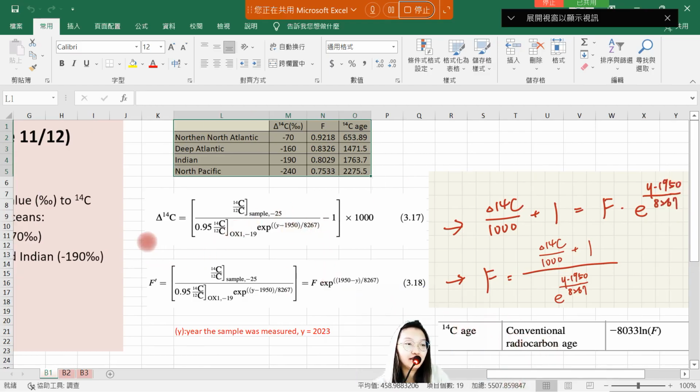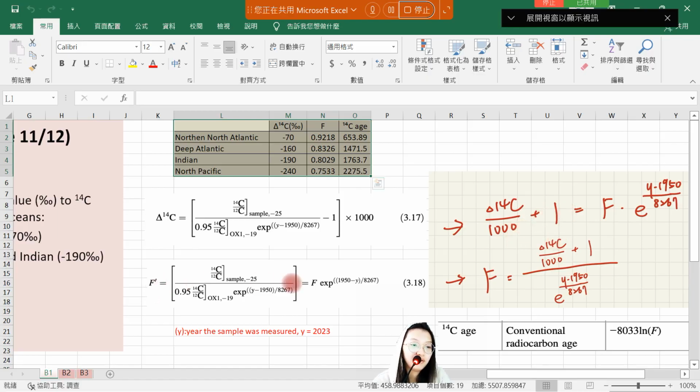The equations I use are these two and this. We can see the delta 14 carbon is like this, and the F prime is here. This F prime is equal to F times the exponential here. Also, the material tells us that F prime is equal to the delta 14 carbon divided by 1000 plus 1.